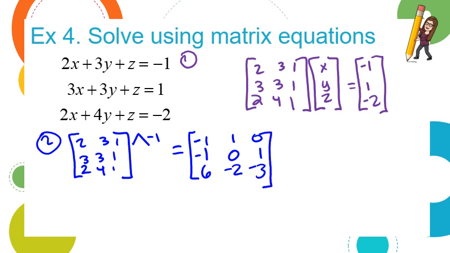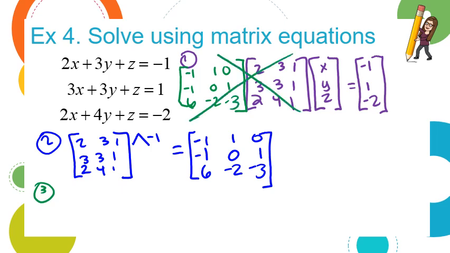So that's my inverse. Step 3, I'm going to multiply by the inverse, just as I did before. Okay, we do that because then that cancels. Oops, and I forgot that I need to leave a little bit of space here because we need to multiply our inverse matrix by our constant matrix.